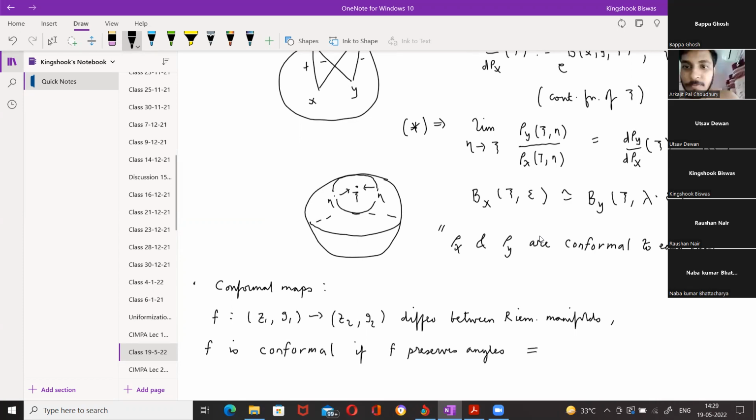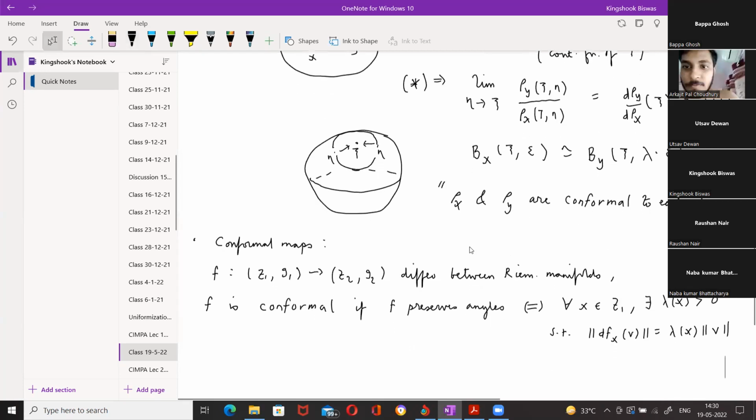And this is if and only if for all x in Z1, there exists lambda of x positive such that the norm of df_x v is equal to lambda x times the norm of v, right?